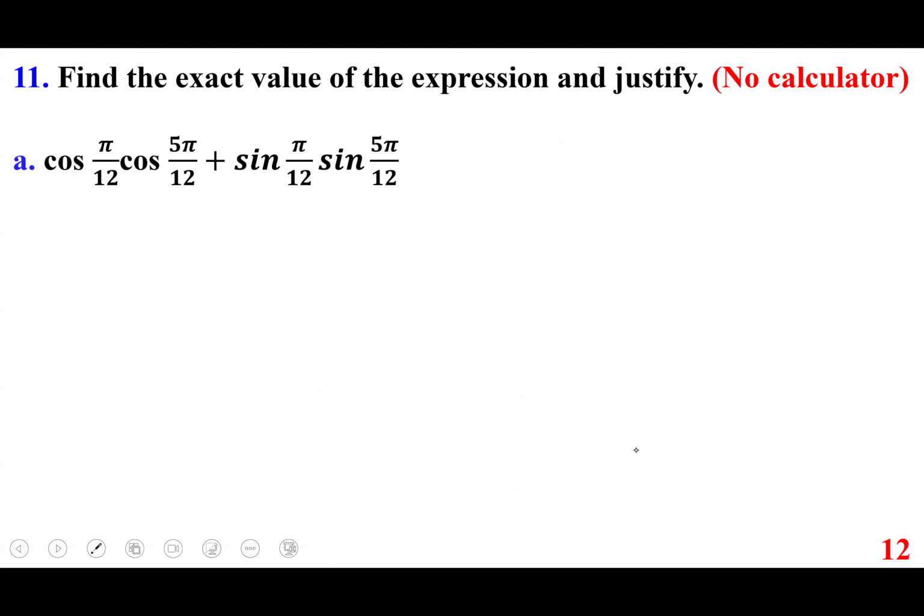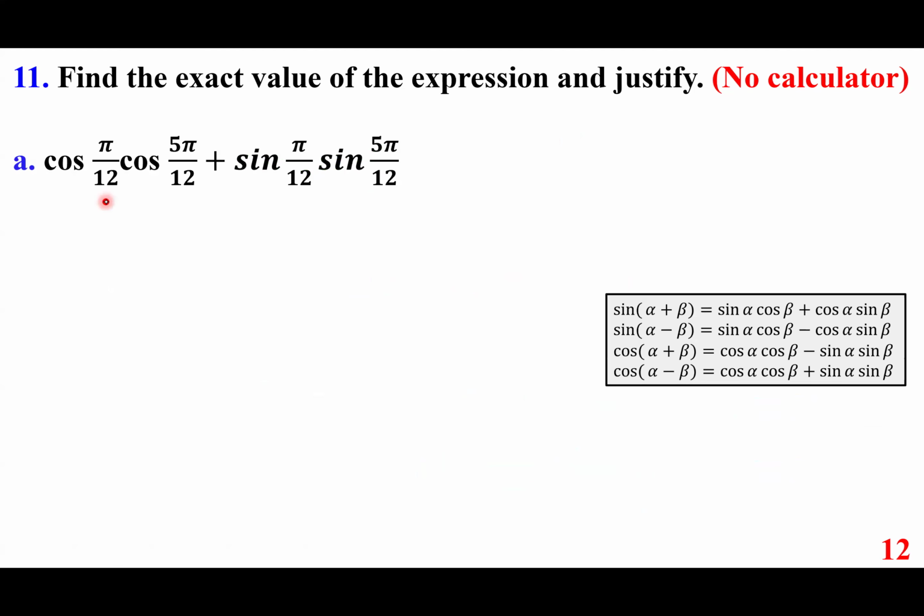Find the exact value of the expression and justify. So cosine of pi over 12 cosine of 5 pi over 12 plus sine of pi over 12 sine of 5 pi over 12. I hope you quickly recognize this as, excuse me, cosine of alpha minus beta, which is cosine alpha cosine beta plus sine alpha sine beta.